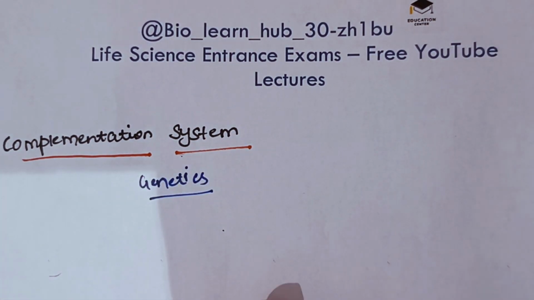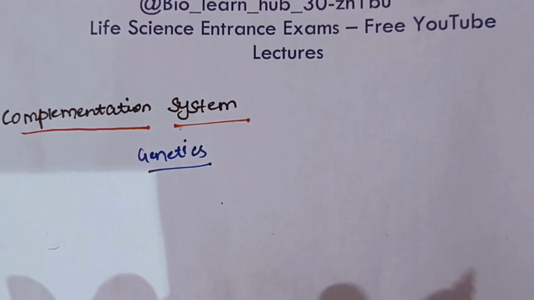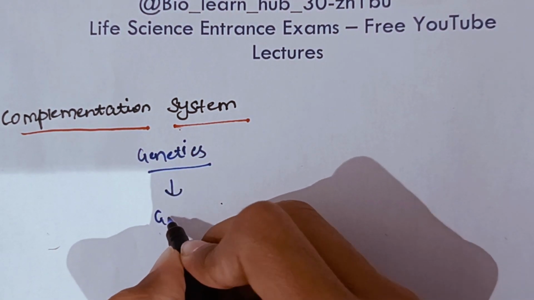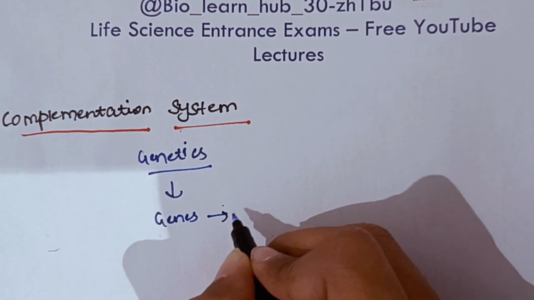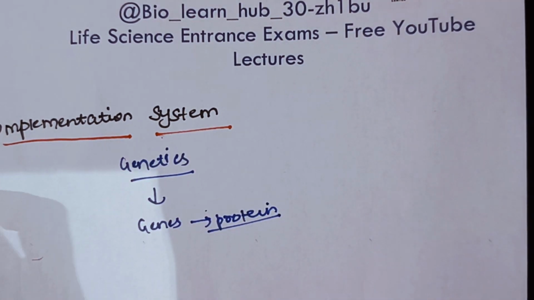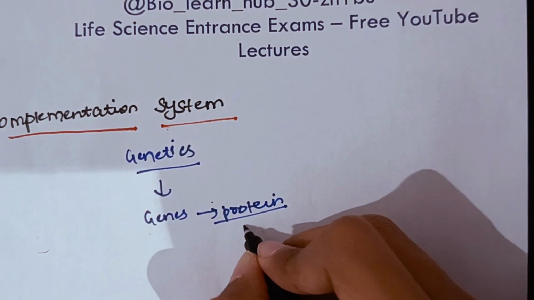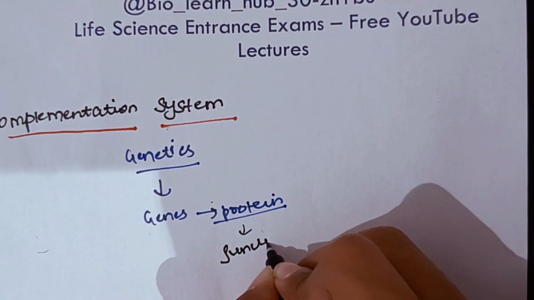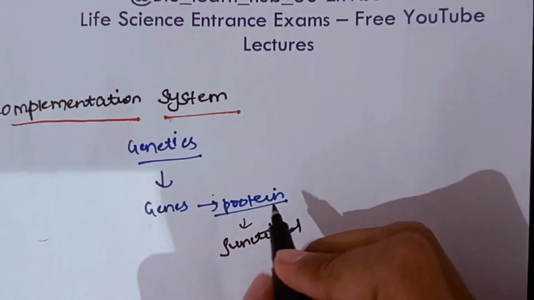As I have talked to you in my last video, in genetics we have genes which code for protein, and these proteins are the functional unit and produce a phenotype.